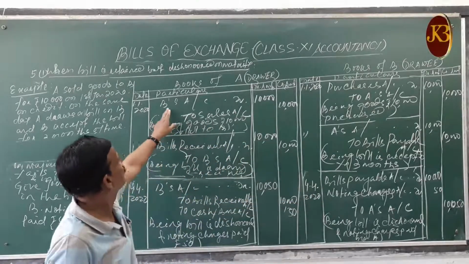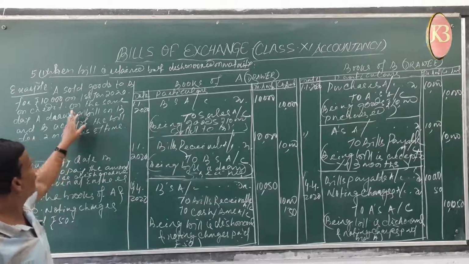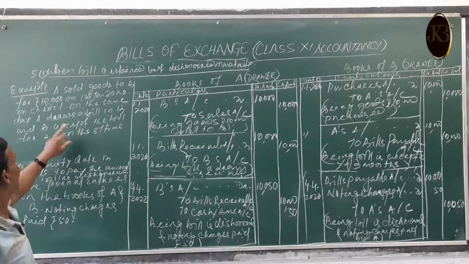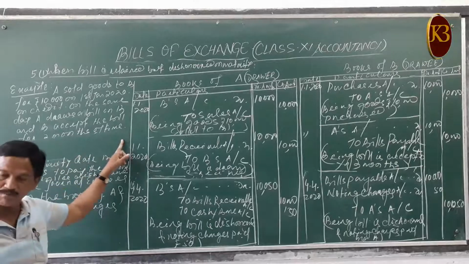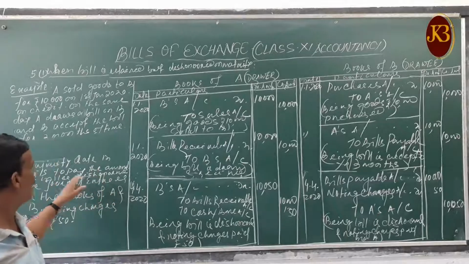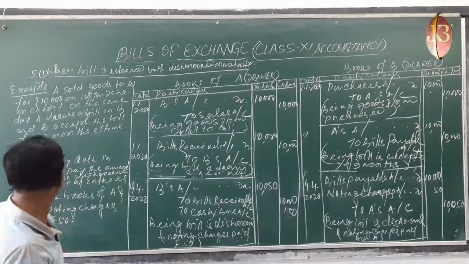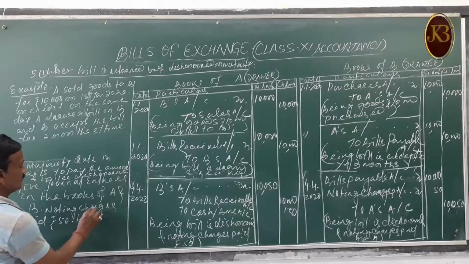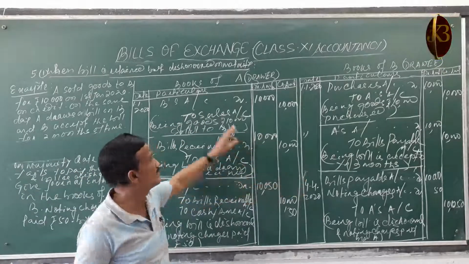On 1st January, A sold goods worth 10,000 to B. B accepts a bill and returns it to A for 3 months. On the maturity date, B fails to make the payment and the bill is dishonored. Noting charges paid by A are 50. So in this case, the journal entries in the books of the drawer and the drawee are like this.